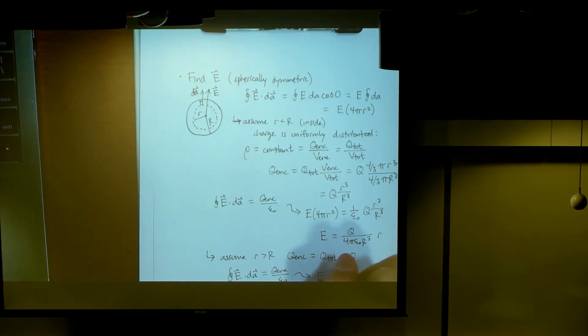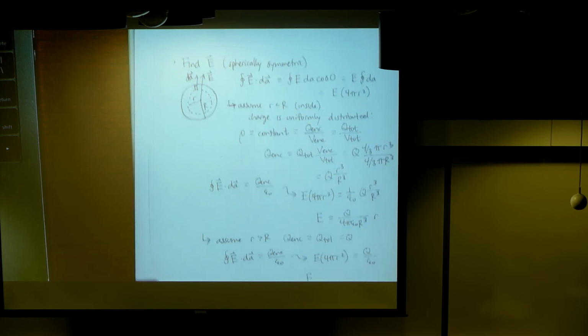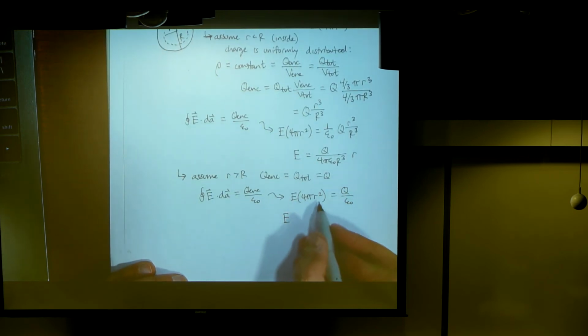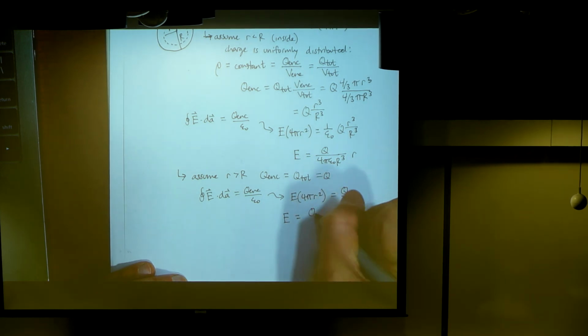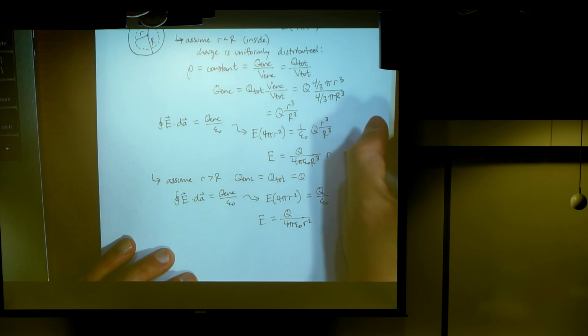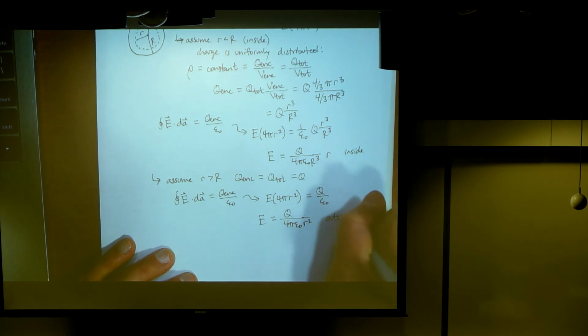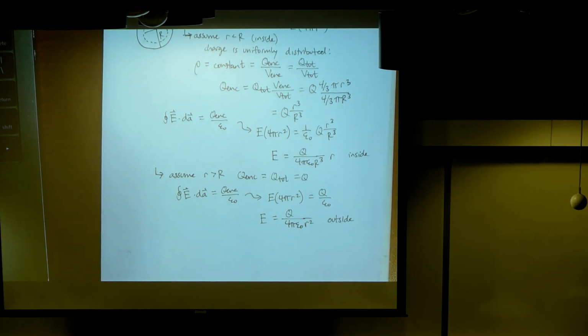That gives me E times 4 pi little r squared, that's the same as before, equaling Q over epsilon naught. You with the paper? Yep. So we're good up to here. So just solve for E. That's Q over 4 pi epsilon naught little r squared. So again, this one applies to the inside, this one applies to the outside. Does that make sense? So we have the E field both inside and outside.